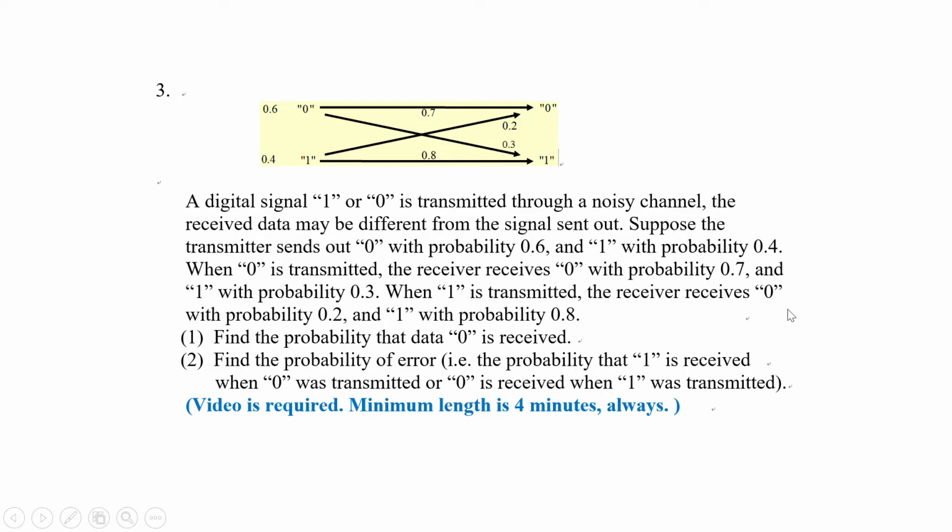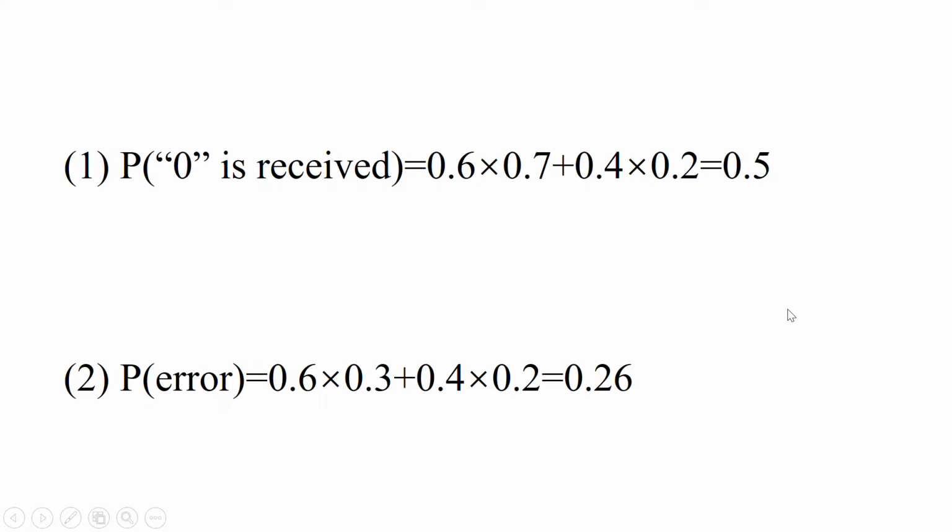So the first part, when 0 was transmitted and the receiver can receive 0, the probability of this circumstance is 0.6 multiplied by 0.7. And the second, which is the error part, when 1 is transmitted and unfortunately the receiver finally received 0, the probability of this is 0.4 multiplied by 0.2, and we need to add these two probabilities together to get the answer.